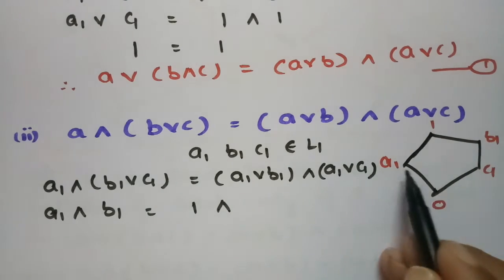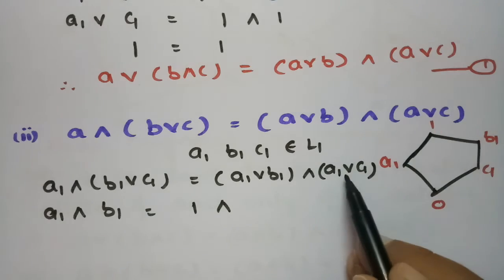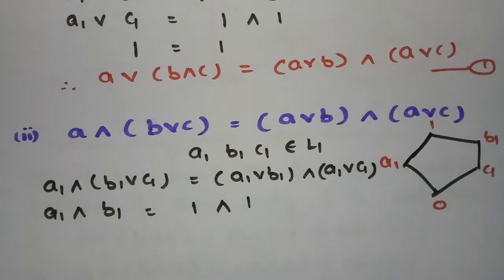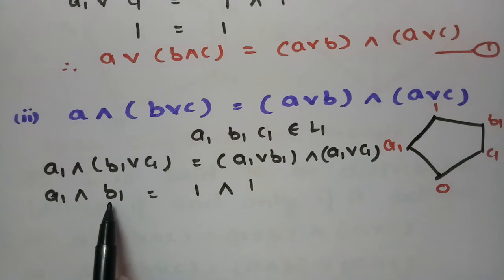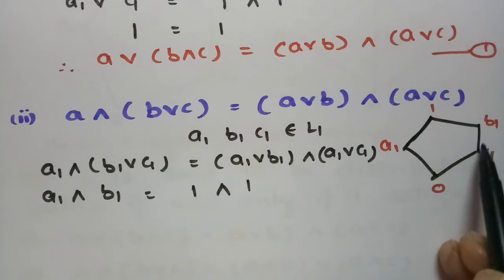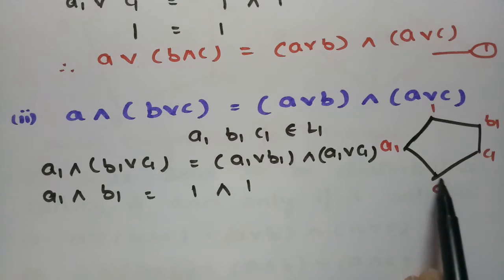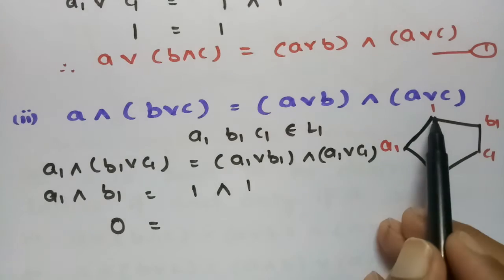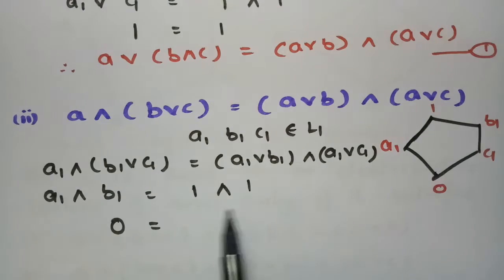A1 join C1. So this is A1 and this is C1. Join is the least upper bound. Again they meet at a point 1. And the next one, A1 meet B1. So meet is the greatest lower bound. The lower bound of these two is nothing but 0. So here, among 1 and 1, 1 is the meet.